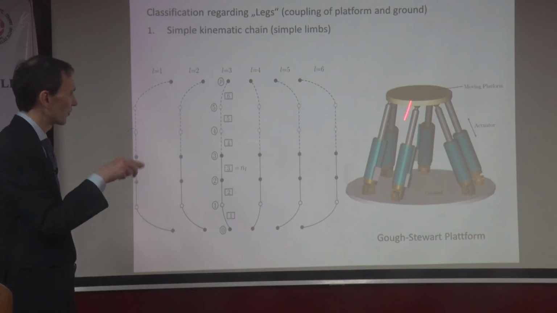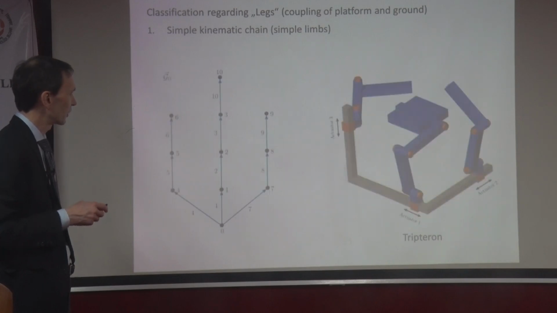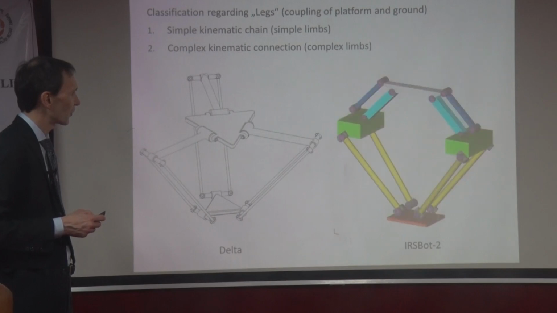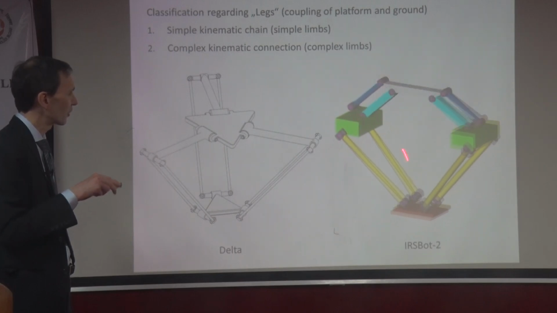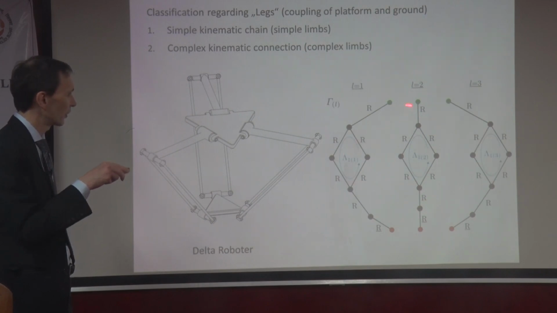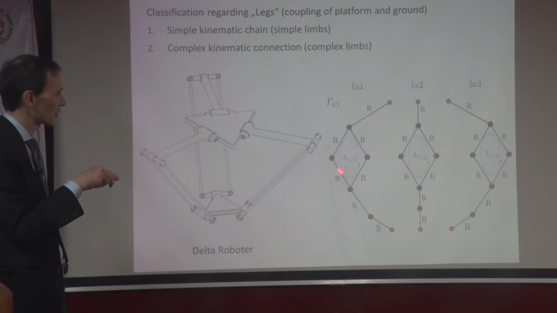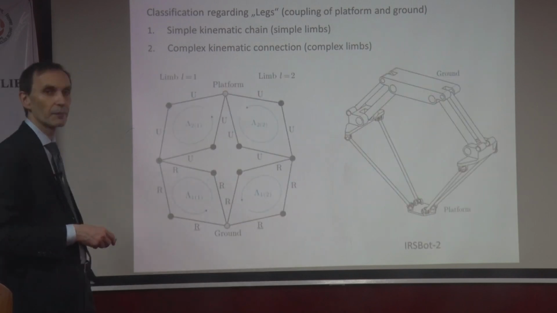And that's nice. So this is what we had for the hexapod and also for this one. They are called simple limbs, okay? Whereas here we have complex kinematic chains that connect, as you see it here, the base to the platform, and they're not simple, they are complex kinematic chains because you have loops within the limbs.